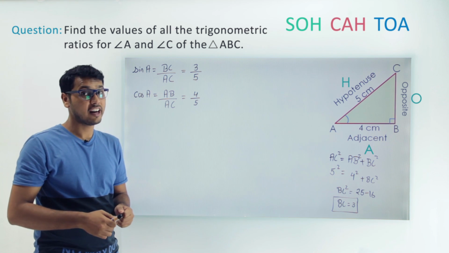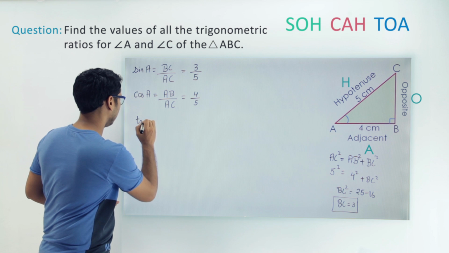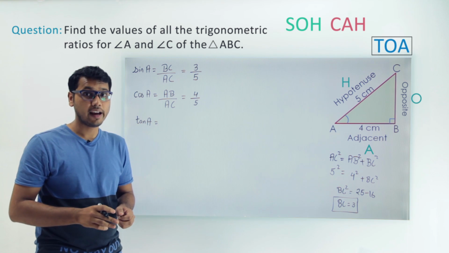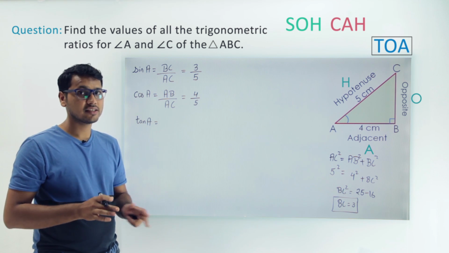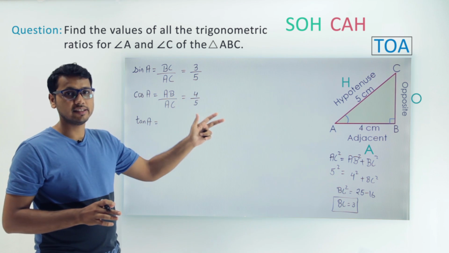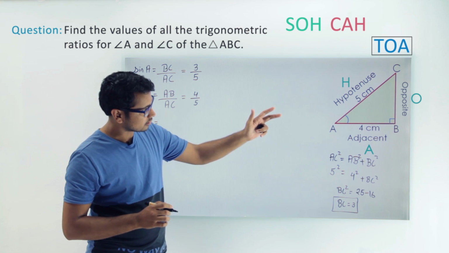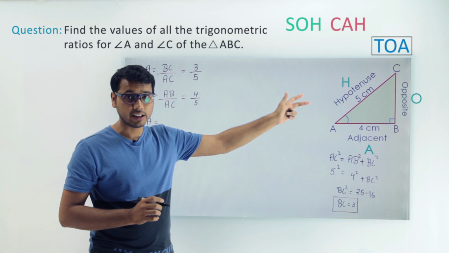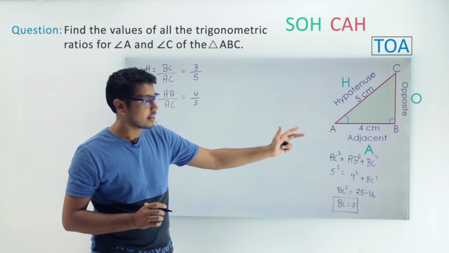Similarly, we can find the value of tan A. We can apply TOA here. TOA says that tan is opposite upon adjacent. The side which is opposite to angle A is BC and adjacent is AB.